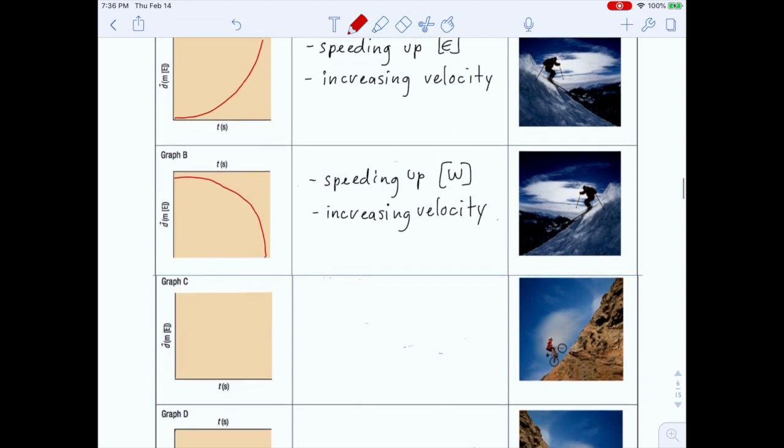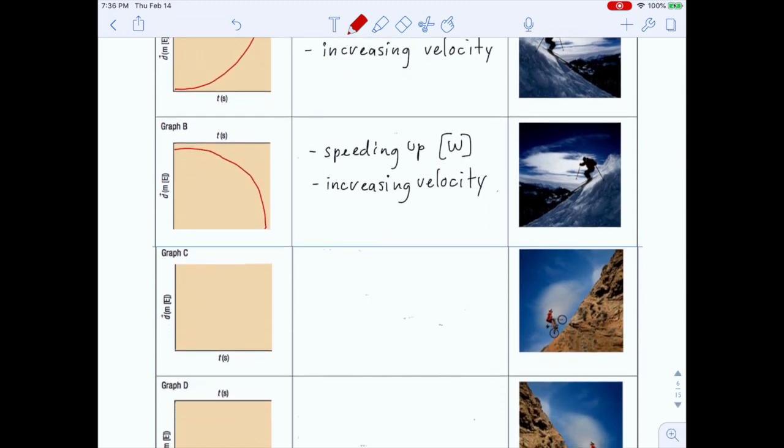Let's take a look at the next example. Here we have a bicyclist that is approaching a hill. As he reaches the hill, he coasts up the hill. So he stops pedaling, and as you would imagine, his speed decreases over time. So we want to show a position time graph for slowing down in the east direction.